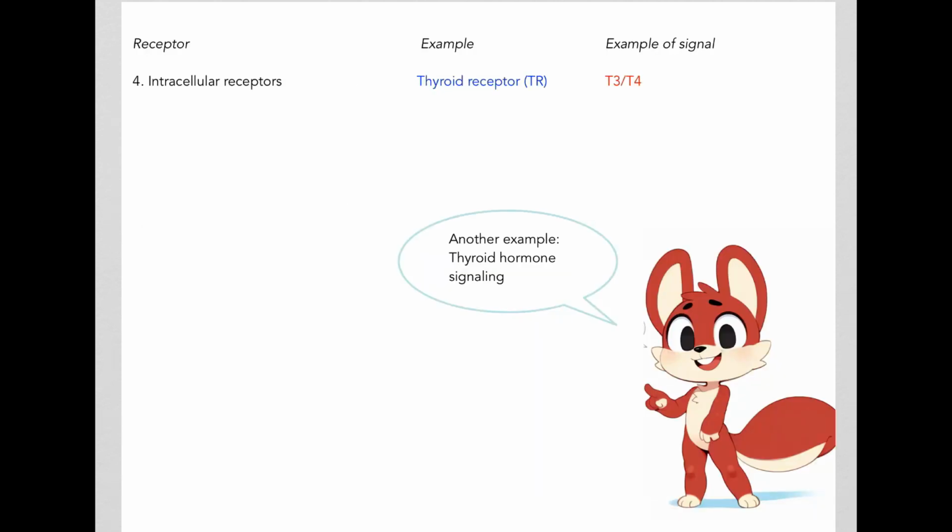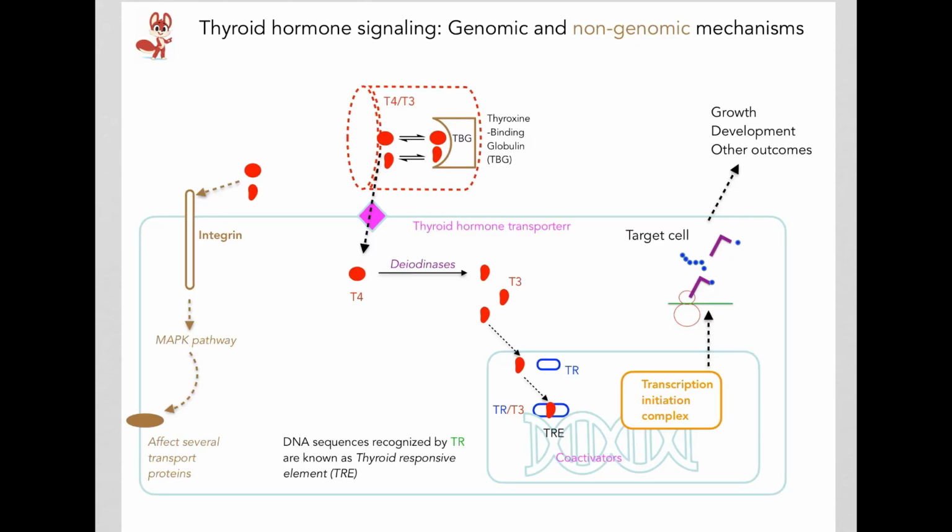Another example of an intracellular receptor is the thyroid receptor, which responds to the thyroid hormones T3 and T4. Like the cortisol signal, thyroid hormones are also not very water soluble.